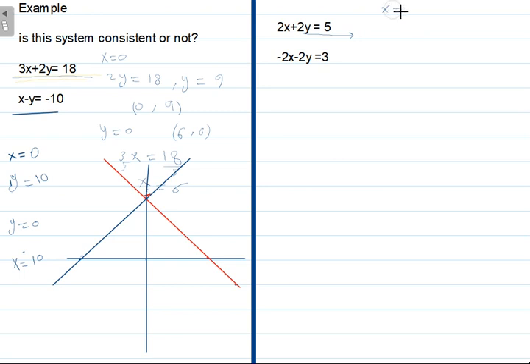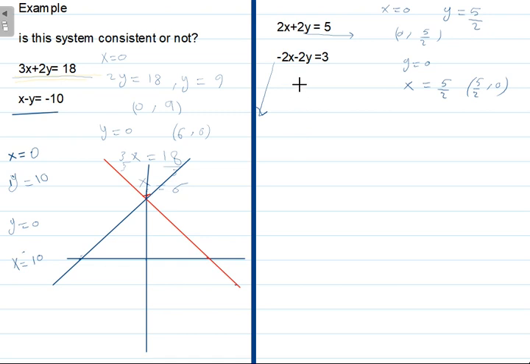When x equals 0, then y will be 5 over 2. So this point here is (0, 5/2), or 2.5. And when y equals 0, then x will be 5 over 2 as well. So I have the point (5/2, 0).